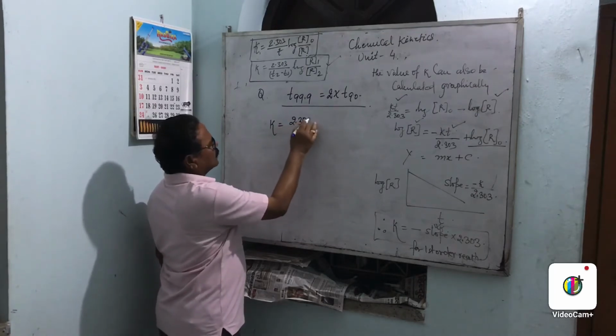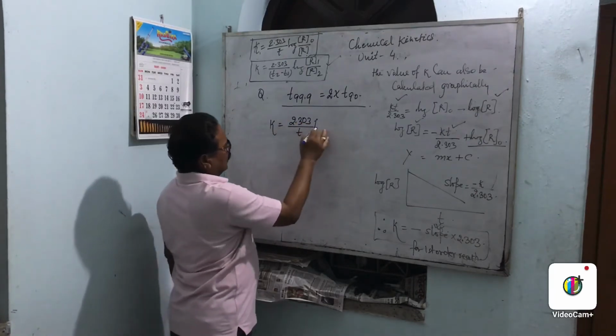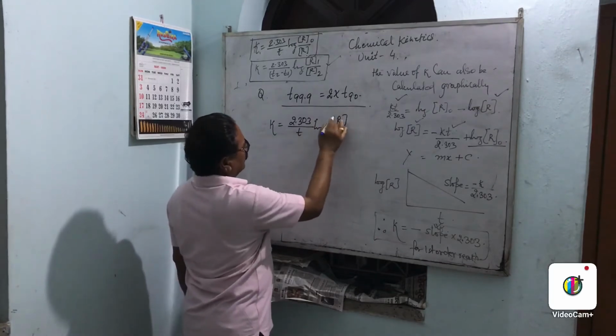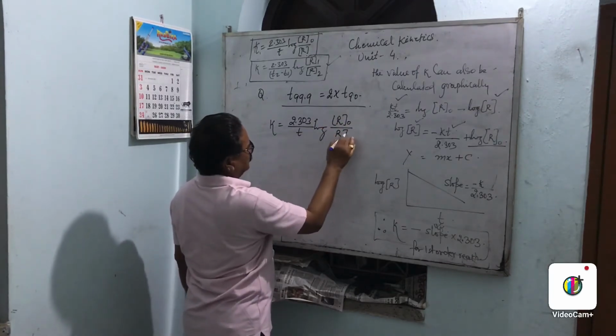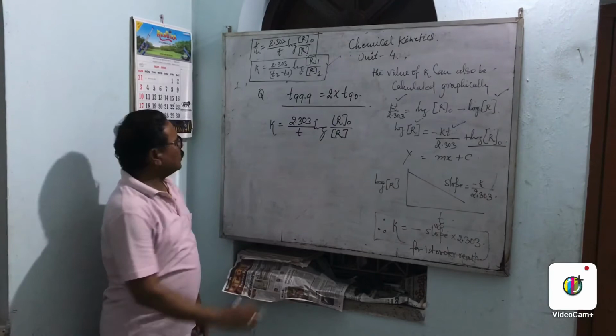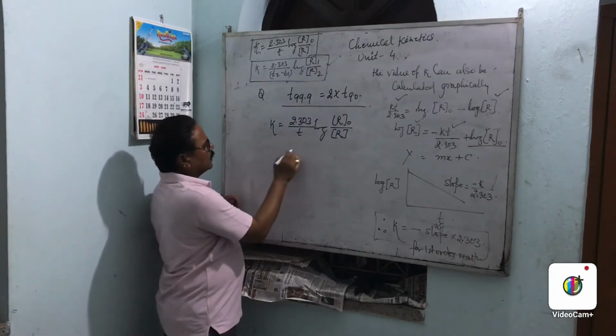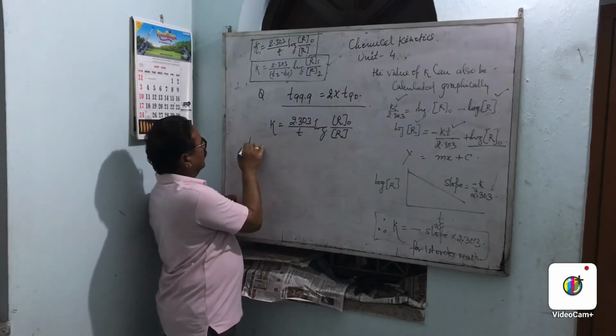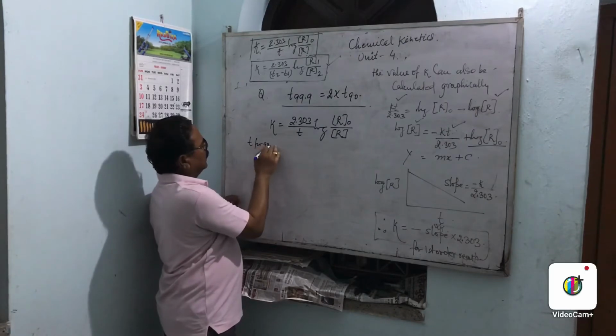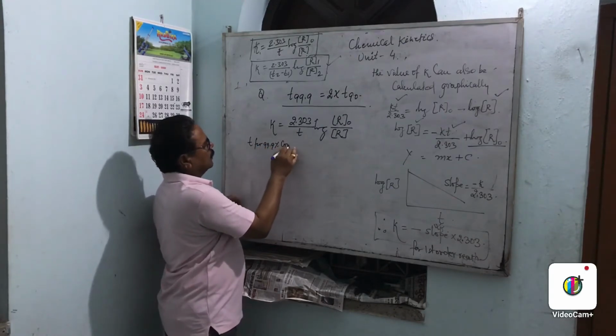There are so many such types of problems in your book. Log R naught by R. Is it clear? Now you see the time required, T for 99.9% completion.